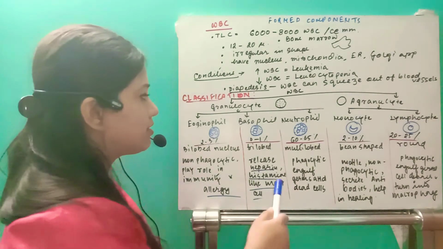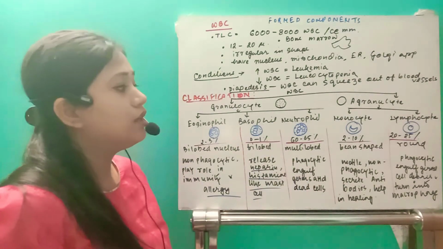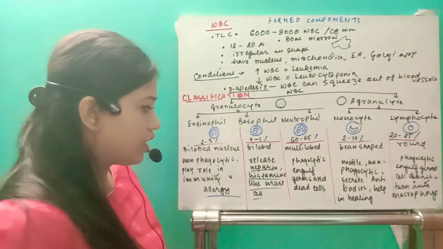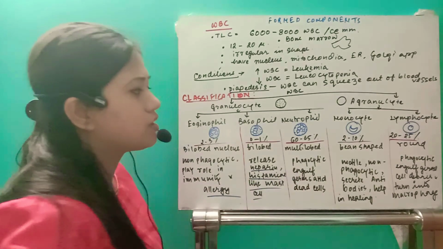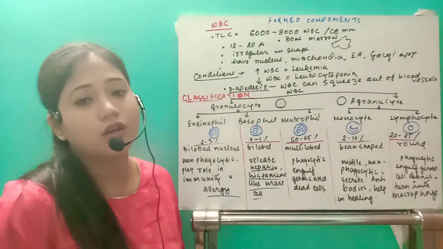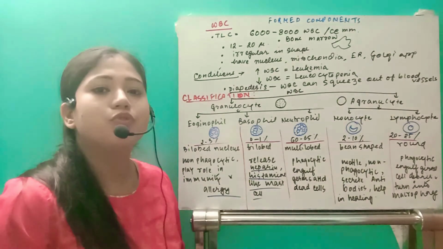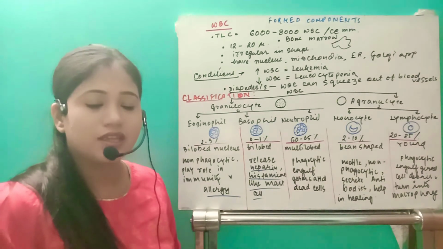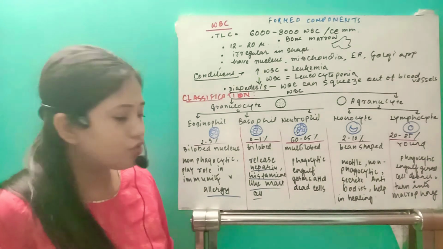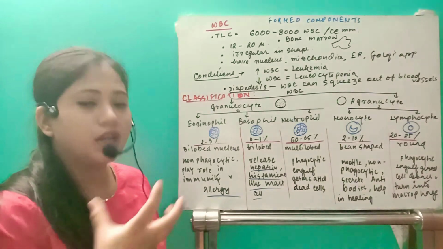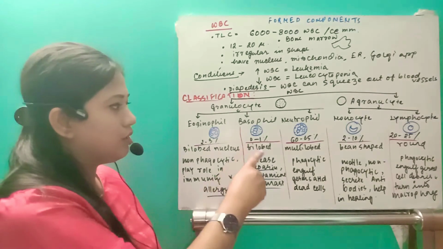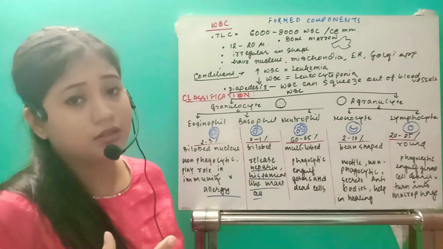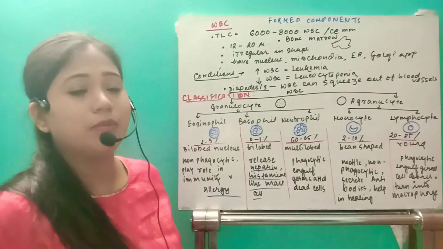Now come to the last cell of the granulocytes, that is neutrophil, which is phagocytic in nature. It is going to engulf foreign particles and dead cells. Suppose there is a dead cell, whether it is a normal tissue cell, somatic cell or an RBC, then these RBCs are going to be engulfed by this neutrophil and brought back to the spleen so that they can be destroyed.